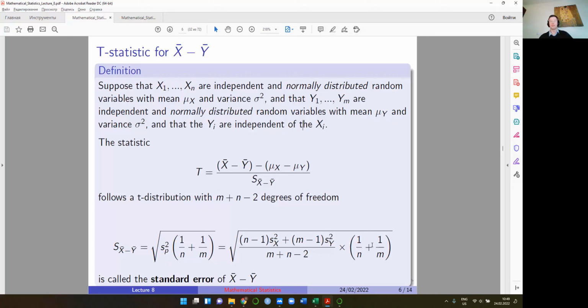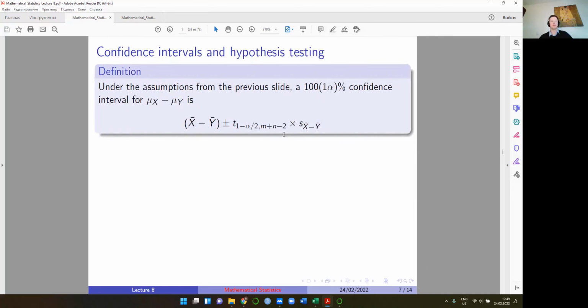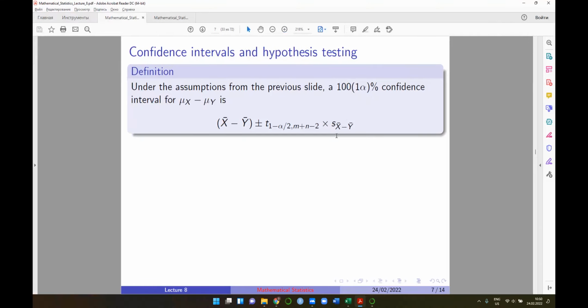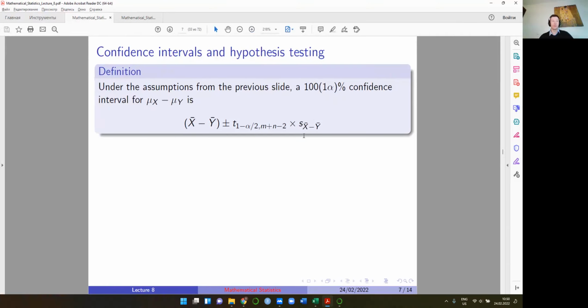You see that it's just arithmetic to calculate this thing. So that's going to be the 100 times 1 minus alpha % confidence interval. Don't worry, I will show you an example of how all these calculations must be done, and I hope that you will understand this well.